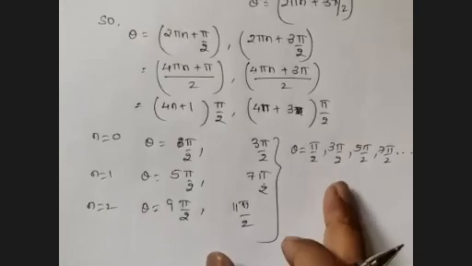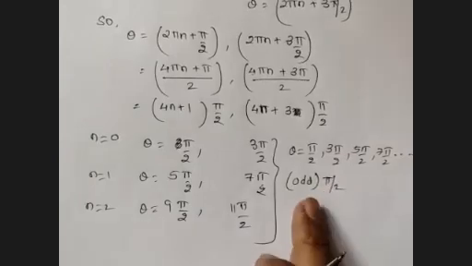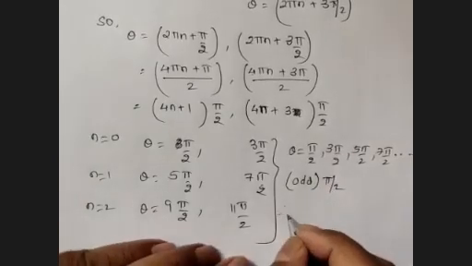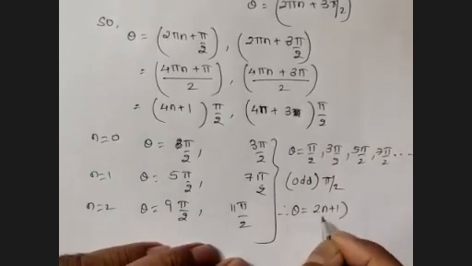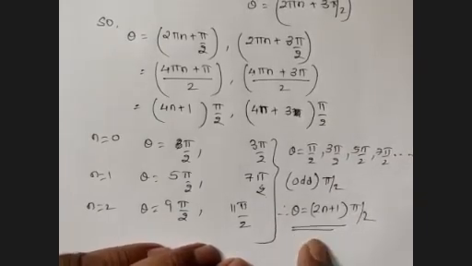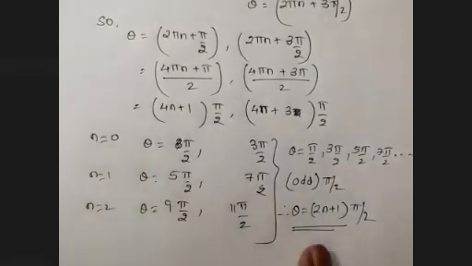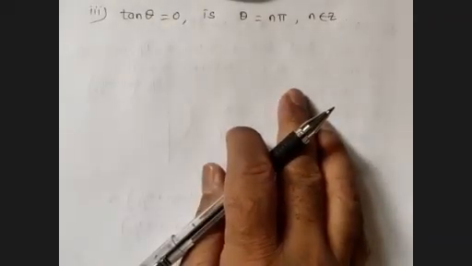So this is actually an odd multiple of pi by 2. Therefore theta is nothing but 2n plus 1 multiple of pi by 2. So this is our general solution for theta when cos theta is equal to 0. So the next condition is for tan theta is equal to 0.